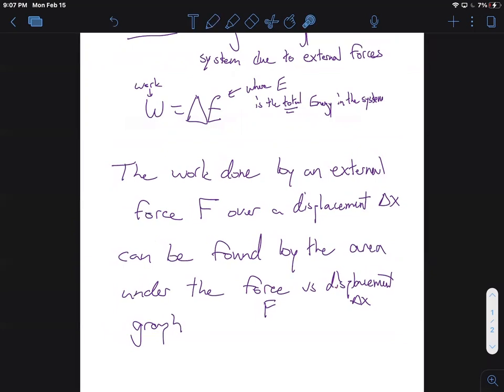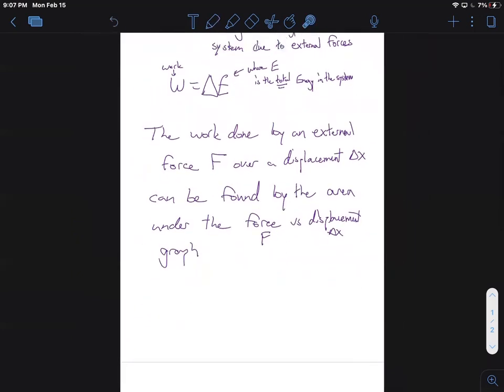So this is similar to impulse, except instead of thinking about how long we're pushing something time-wise, we're thinking about how far we are pushing it. So the work done by an external force, which we'll call F, over some displacement, delta x, can be found by the area under the force-displacement graph.